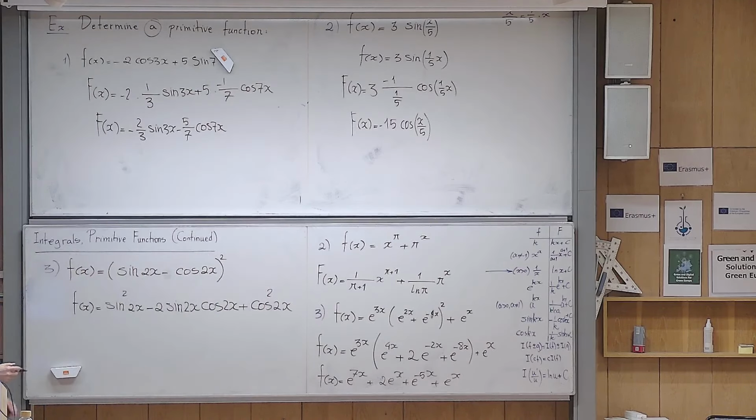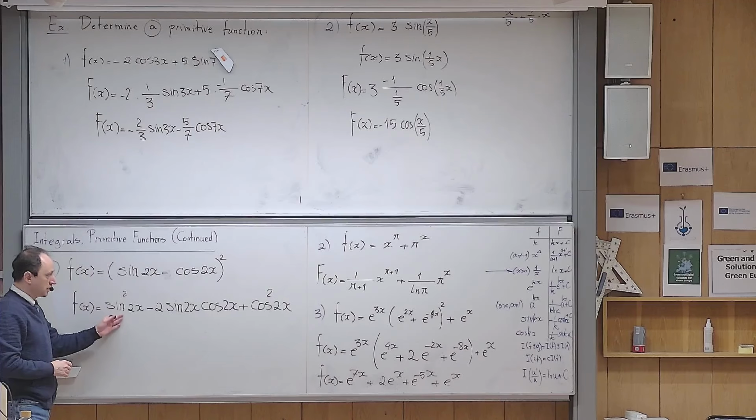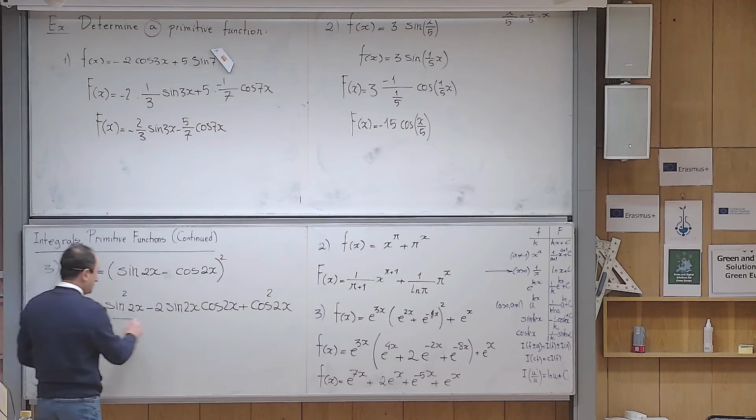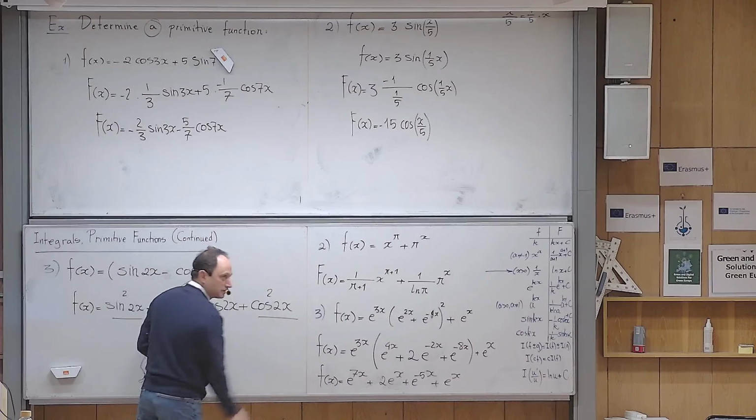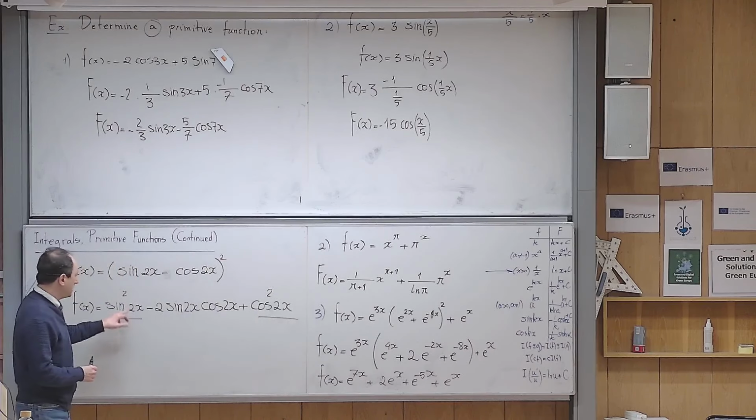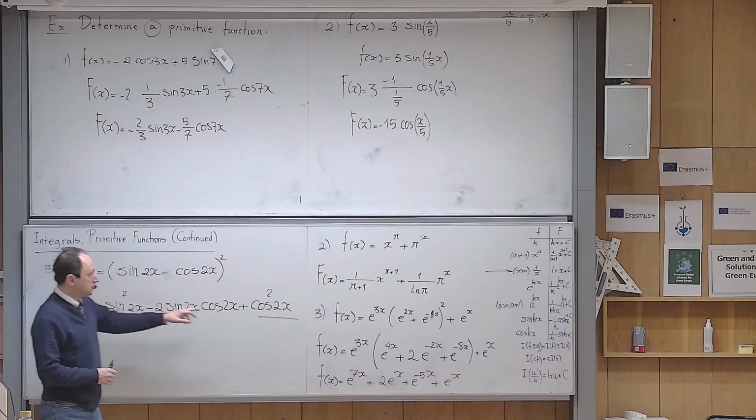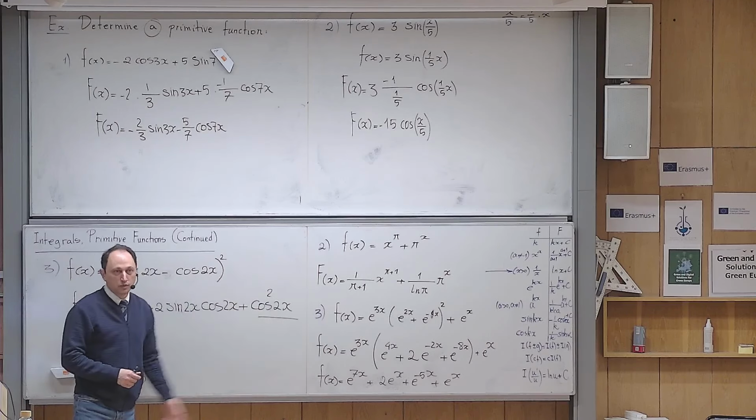Yes? Okay. And then, still I consider it a hard problem, because what should we do? Sine squared plus cosine squared. This one and the last one is the very famous trigonometric identity, yes? Sine squared of an angle plus cosine squared of the same angle is always 1.